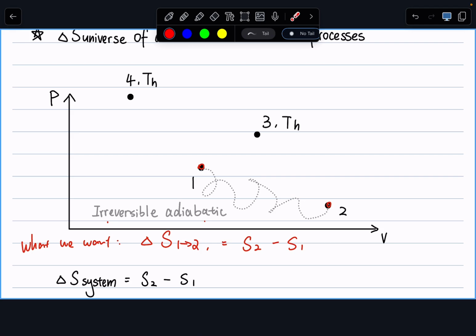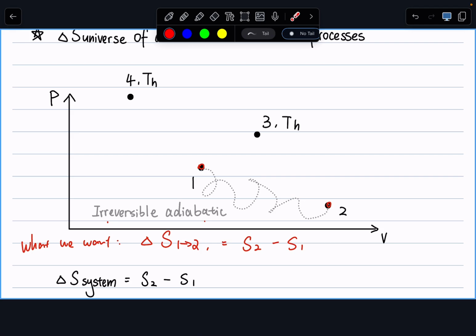We can write my overall delta S as equal to the delta S between 1 to 2, plus delta S of 2 to 3, delta S of 3 to 4, and delta S 4 to 1. If you write it out, we can see why it cancels out to be 0.